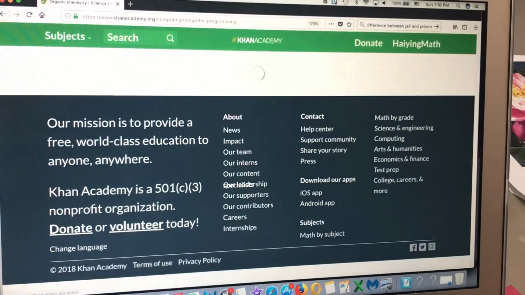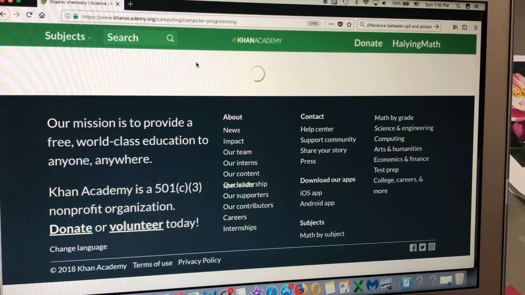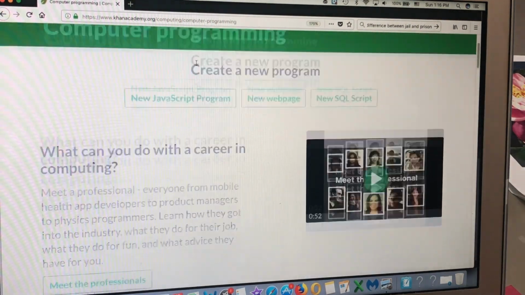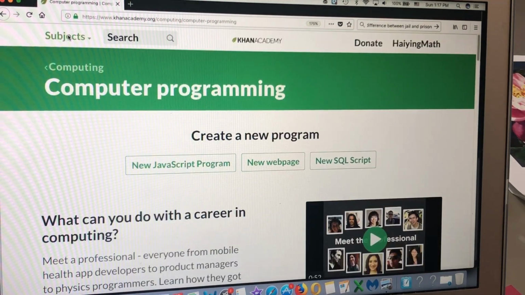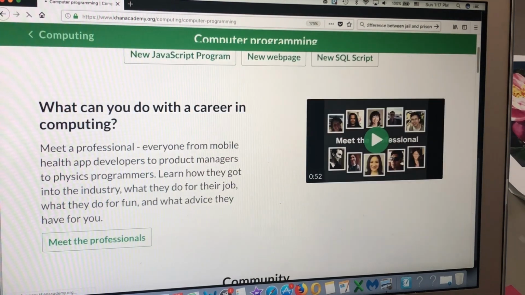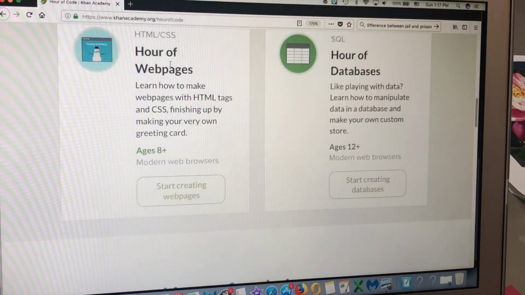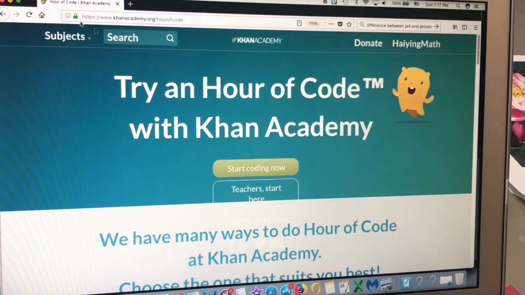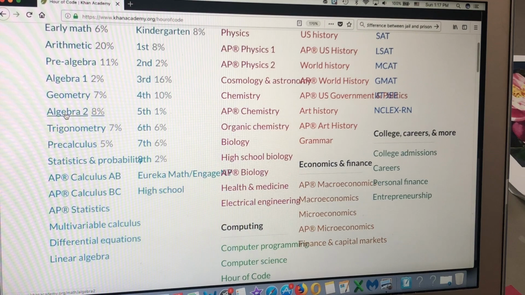Computer programming. Let's see if there is practice. There is no practice. Why do you make a lesson without practice? That is not making any sense. Hour of Code. See if there. Oh, there's not even. I don't know. Maybe. But I will focus on algebra and trigonometry.